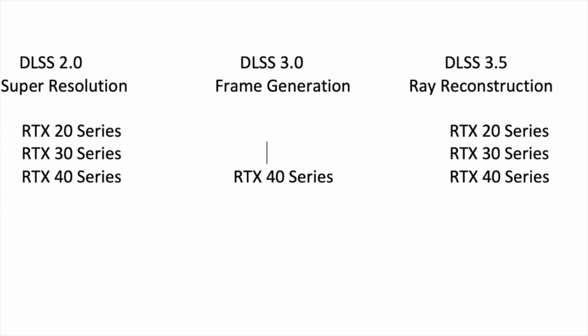So if you look at DLSS 2.0 super resolution, you get the RTX 20 series, you get the RTX 30 series, and then you get the RTX 40 series. They all include DLSS 2.0. Now DLSS 3.0, which is frame generation, only the RTX 40 series has that, which is the newest graphics cards. And now DLSS 3.5, which is ray reconstruction, has RTX 20 series, and RTX 30 series, and obviously the RTX 40 series.